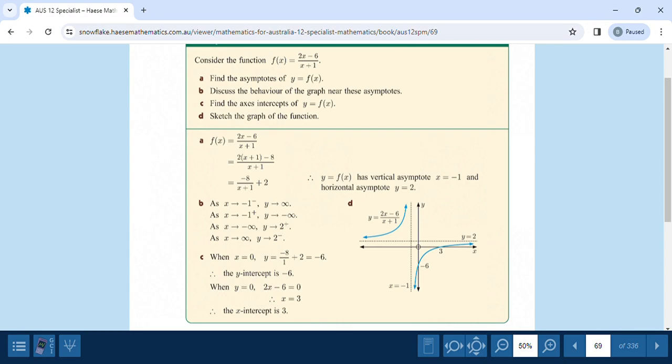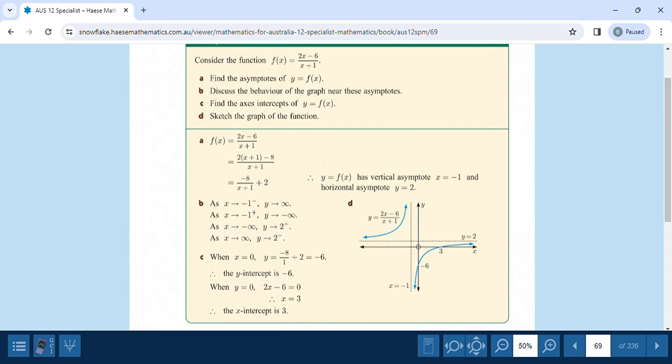Obviously, just having x on the bottom of a fraction makes it a whole lot easier than having it also up the top. So what they've done here is they've times to get rid of the x on top and just have a number.